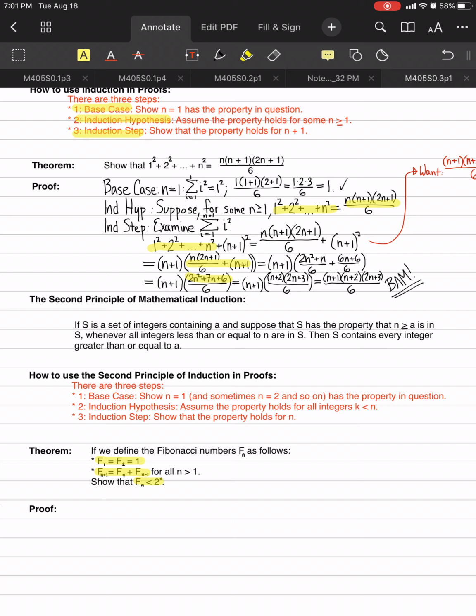So go ahead and pause the video, try to do that. You should be able to at least write out the base case and the induction hypothesis, even if you can't quite get to the induction step. I'll get back to you as soon as you unpause the video.